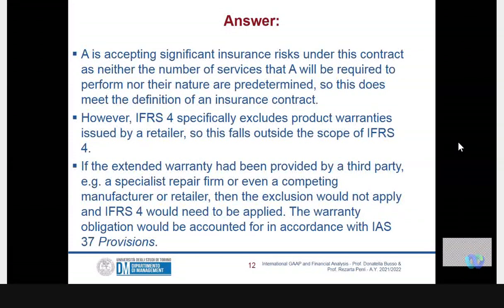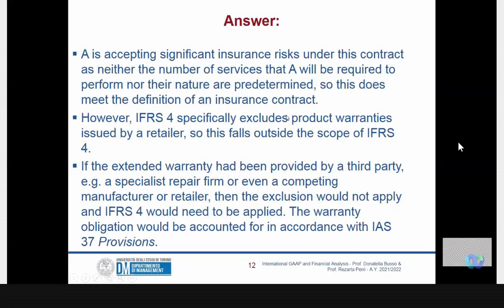That is, the entity A will not apply IFRS 4, but if the services of repairing, that is, the guarantee, is transferred to another company, this other company would need to apply IFRS 4, because for that other company that is not a product warranty, that is actually an insurance against a damage, an insurance contract. The warranty obligation in itself would be accounted for in accordance with IAS 37, so the provisions.